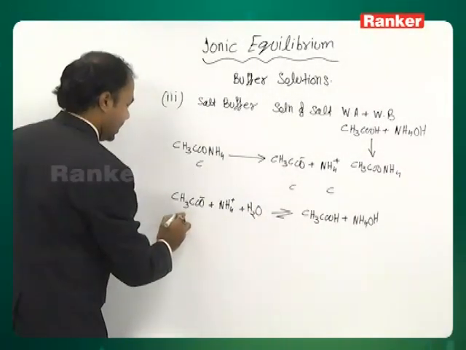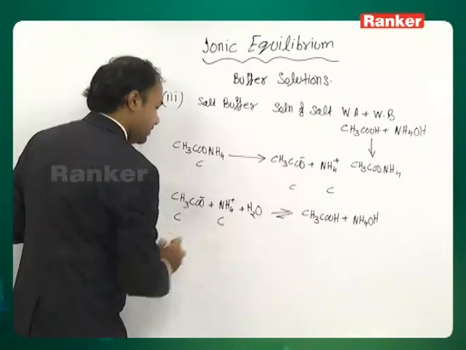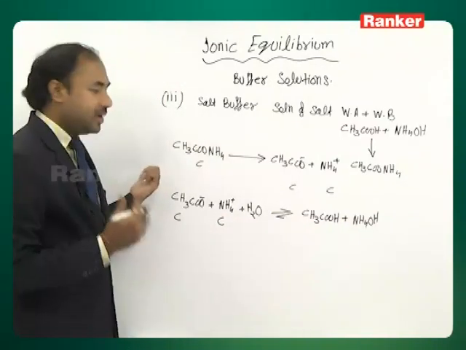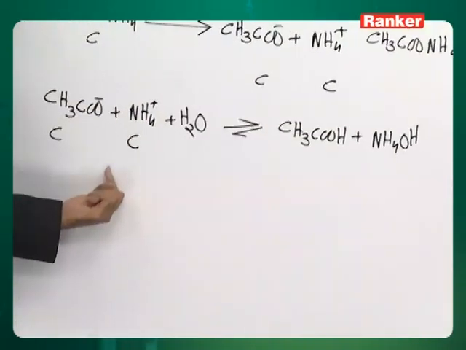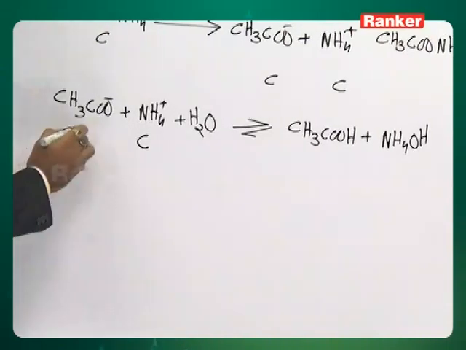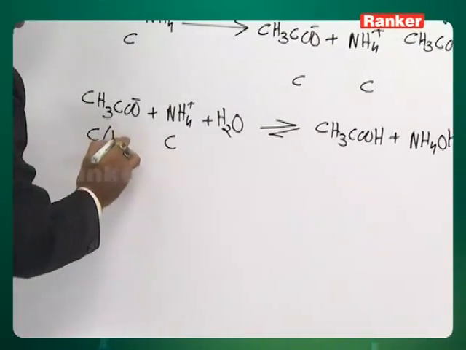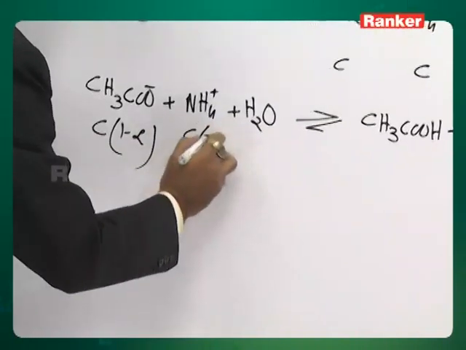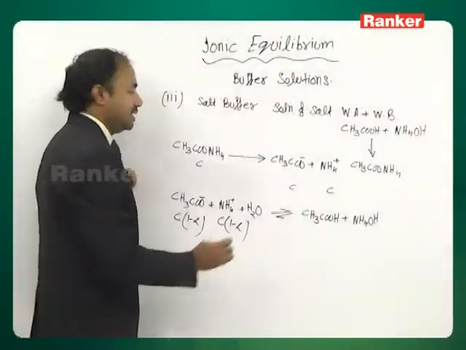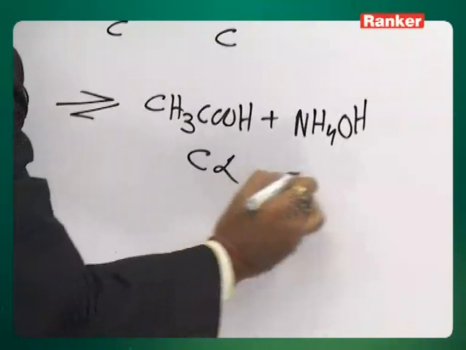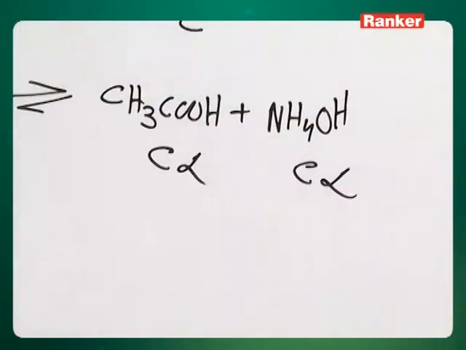Concentrations of them as we have taken are C and C, and we assume the degree of dissociation in presence of each other is alpha. So what happens here? We get C into 1 minus alpha, C into 1 minus alpha, and this will be C alpha and C alpha.